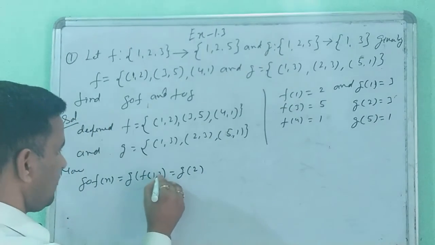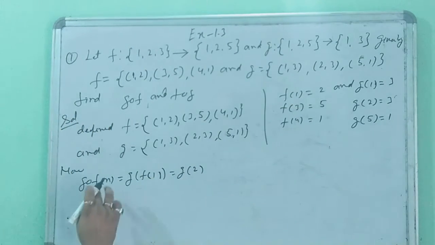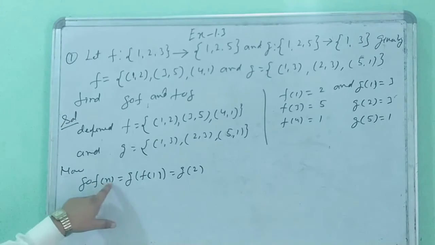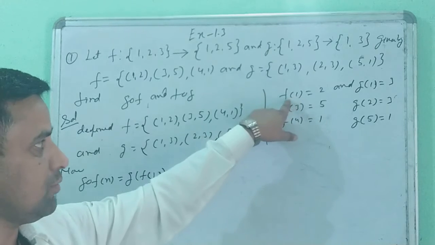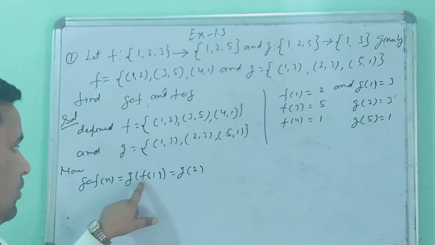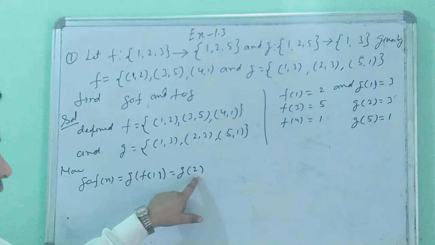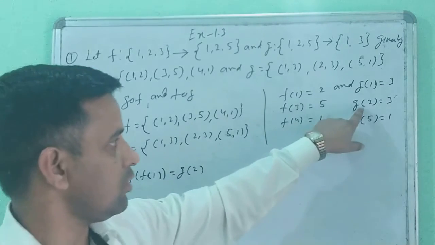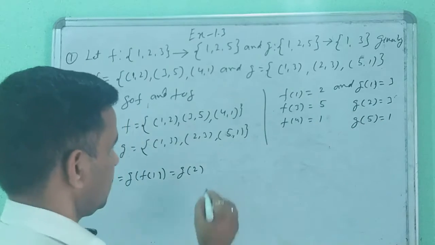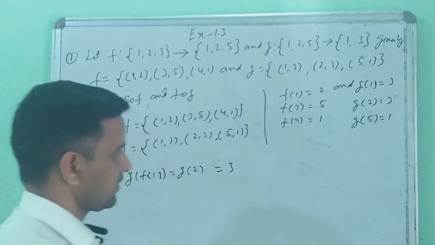In f(x), in place of x you write 1, so the value of f(1) equals 2. Then you check in the function g(2). The value of g(2) here is 3. So this will result in 3.